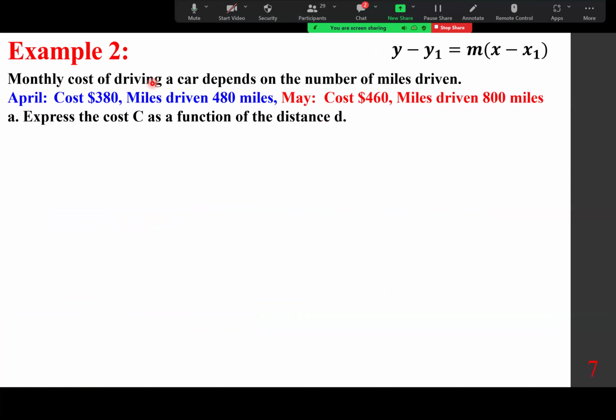Monthly cost of driving a car depends on the number of miles driven. In April, the cost is $380, 480 miles driven.